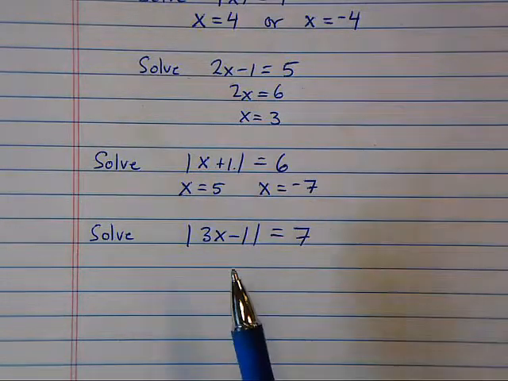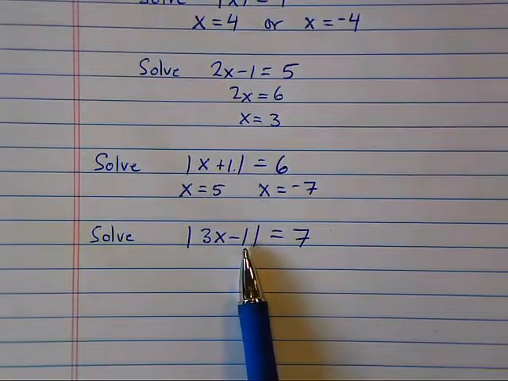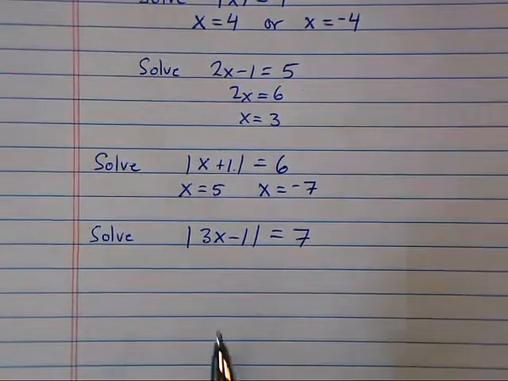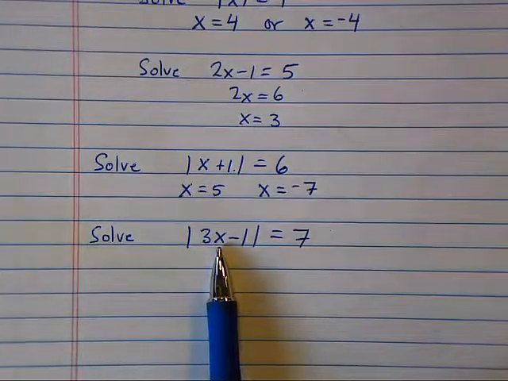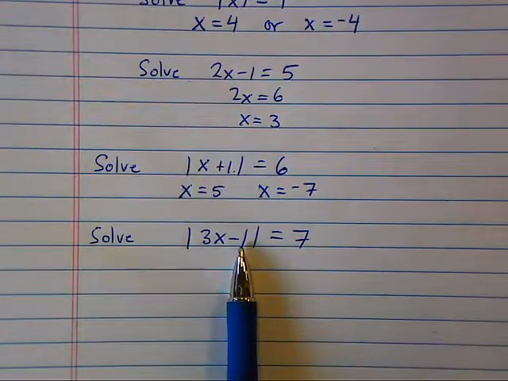I don't think 4 is an answer because 3 times 4 would be 12. 12 minus 1 would be 11. Negative 2. 3 times negative 2 would be negative 6. Negative 6 minus 1 would be negative 7. And the absolute value of negative 7 is 7. So negative 2 is a correct answer. Very good. So there's one of the correct answers.